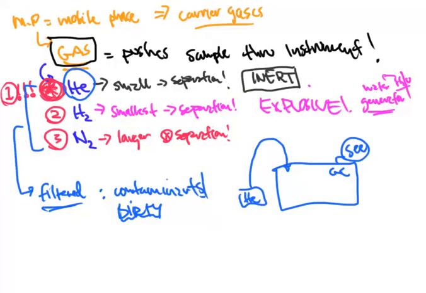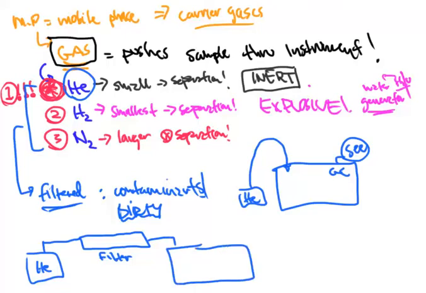So because of that, sometimes when we order helium, some people will order dirty helium because it's cheaper. And what they do, it's like your water system maybe at home. They send it through a filter before it goes into the GC box itself. And we call this an inline filter.